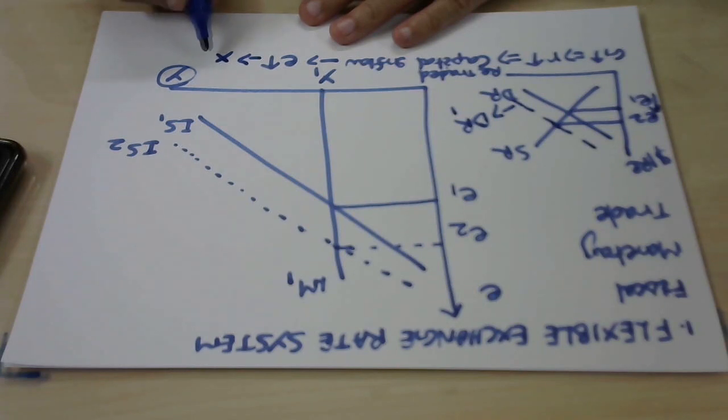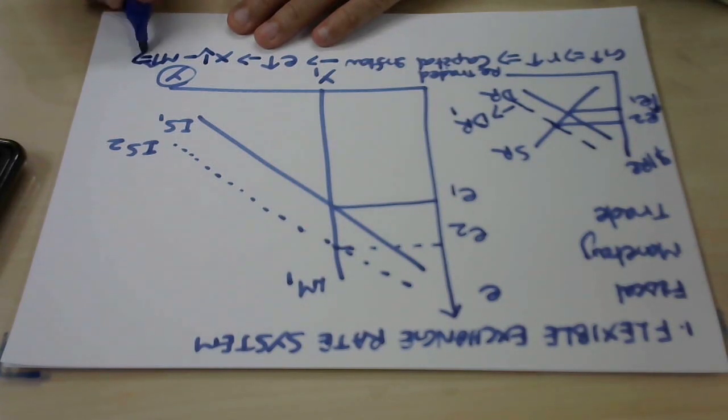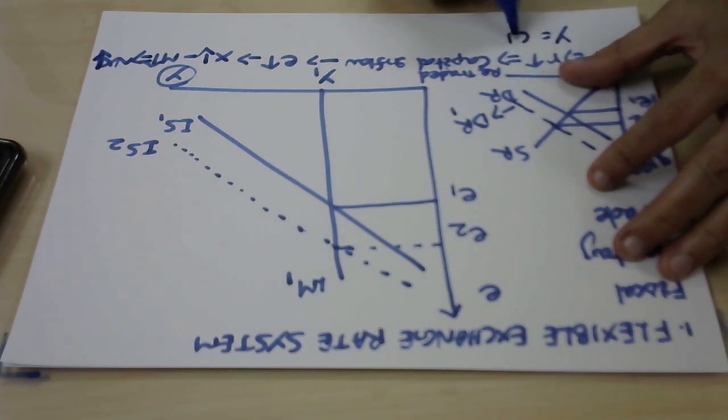This leads to what? Exports getting a dampening impact and imports getting a boost, because now I can buy the same amount of foreign goods with lesser rupees. So my net exports will go down, and because net exports go down, the increase in government spending is negated, because Y equals C plus I plus G plus NX.